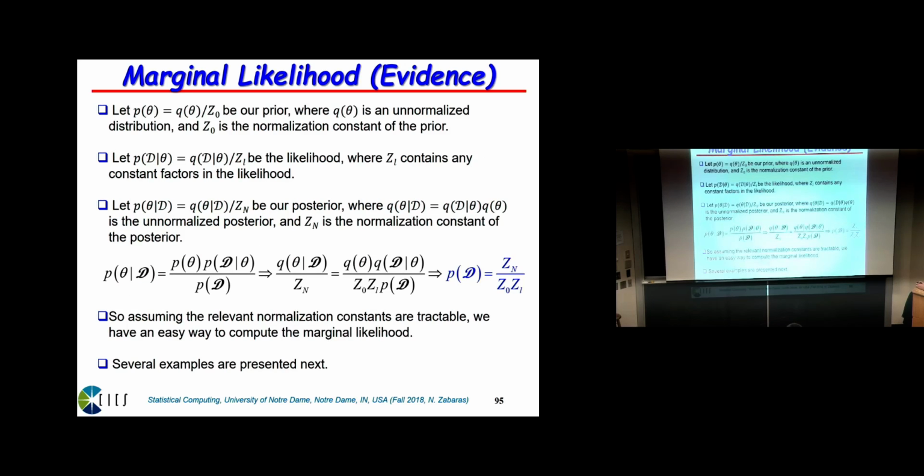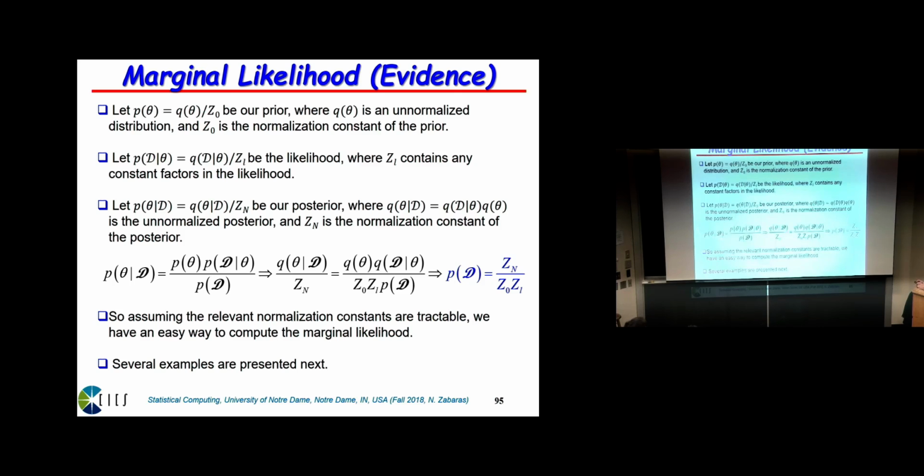And I remind you of this, we discussed this on Tuesday. The calculation of the marginal likelihood, which is the normalization factor in Bayes' rule, is nothing else but a ratio of normalization factors for the posterior, the prior, and the likelihood. You remember this, right?